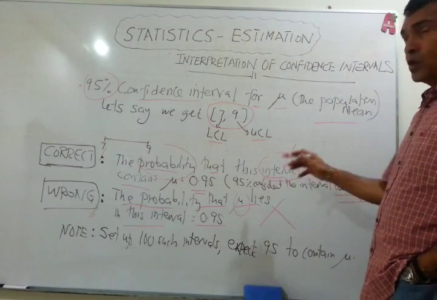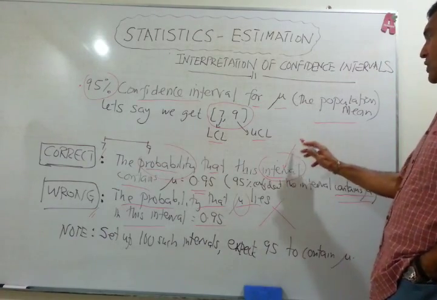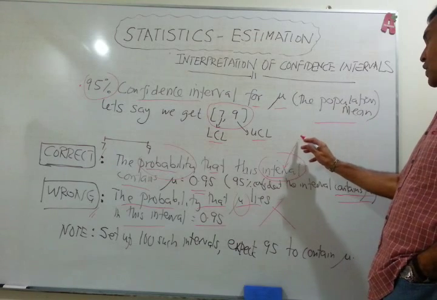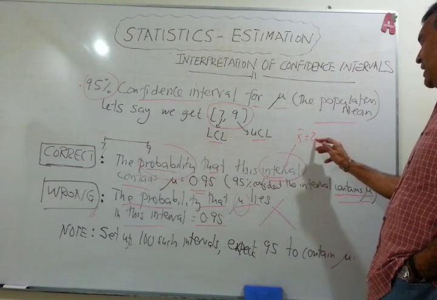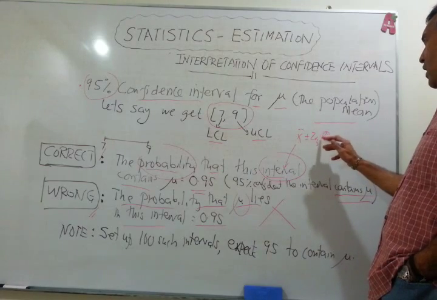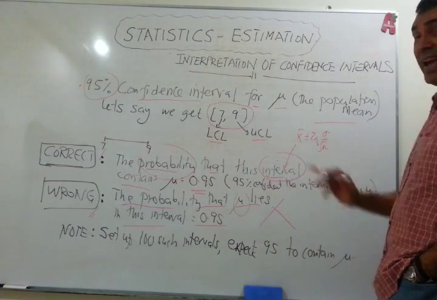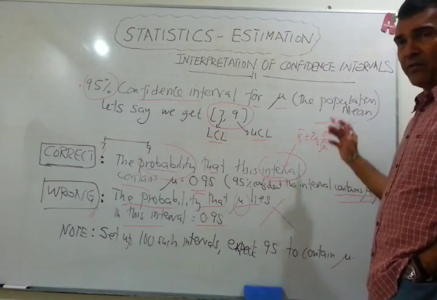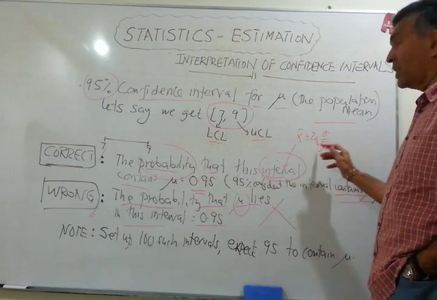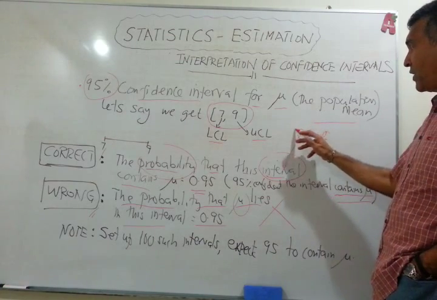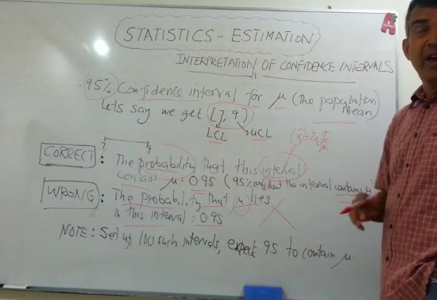Because the interval, you'll have created this interval using a sampling distribution. For example, let me write it down here: x bar plus or minus z alpha over 2 times sigma over square root of n. So you would have used the formula for setting up a confidence interval for mu, and this interval has a probability because we have a random variable here, x bar.